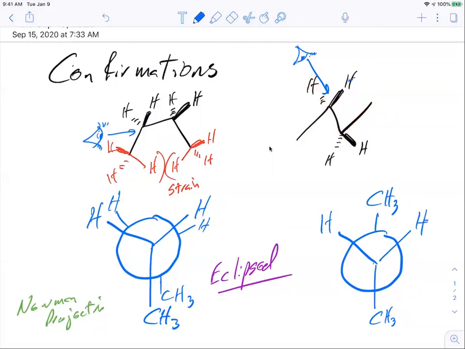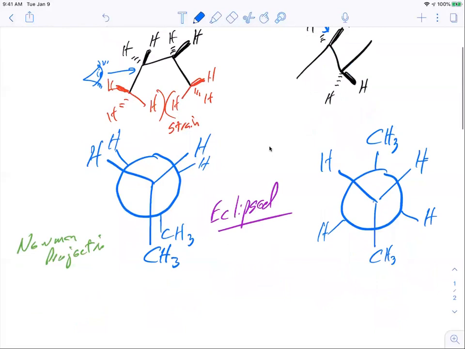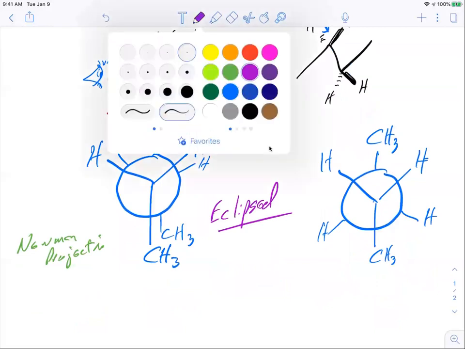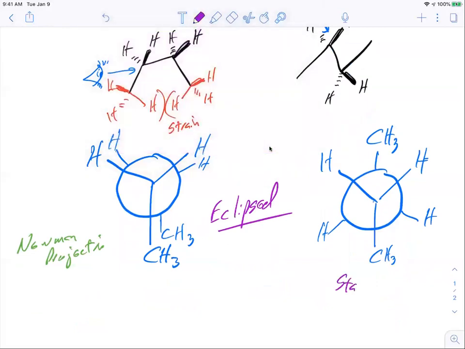And then when we look at our hydrogens, again, we have left and right, but now they're going down instead of up. So when I put that in the Newman projection, I get this. So this form is called staggered.